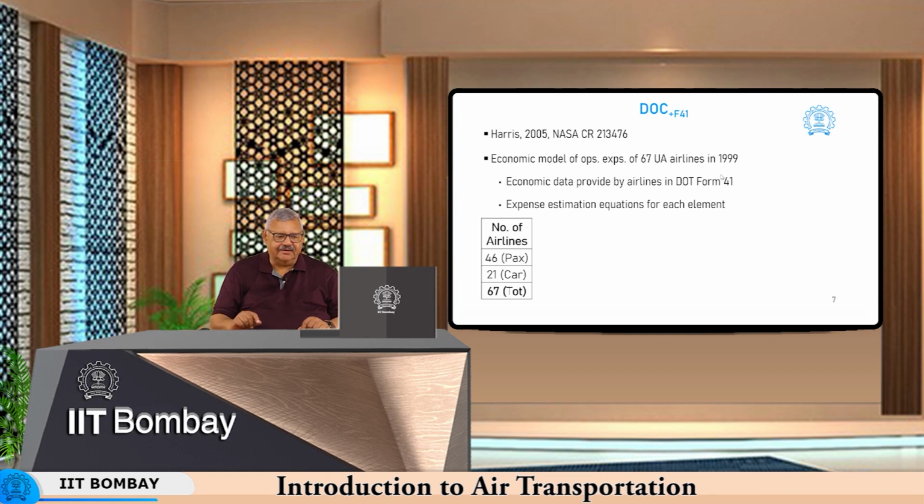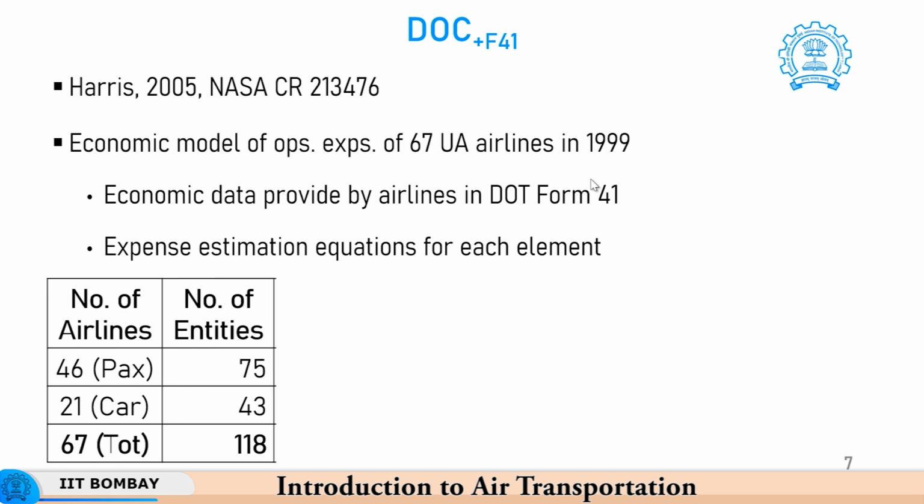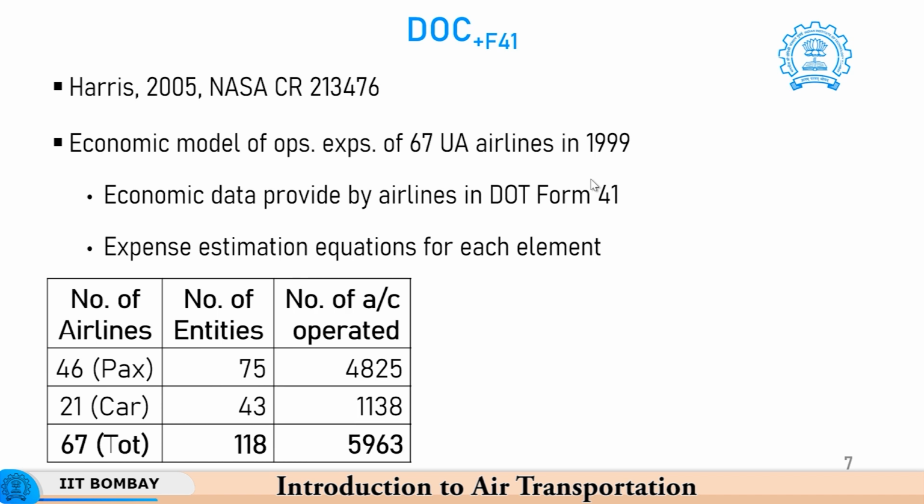So, let me give you an idea. This particular model is an outcome of data related to a total of 67 airlines, 46 of which were passenger airlines and 21 of which were dedicated cargo airlines, and the number of entities was 118 in total, plus these entities operated a large number of aircraft.